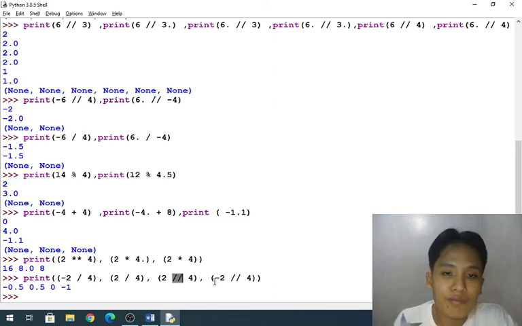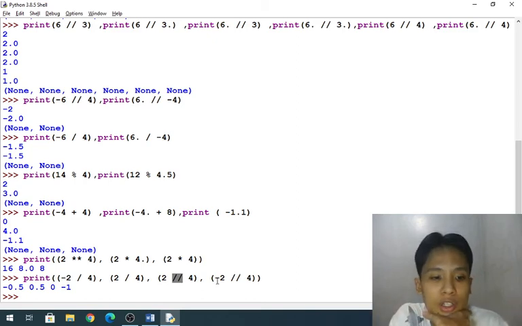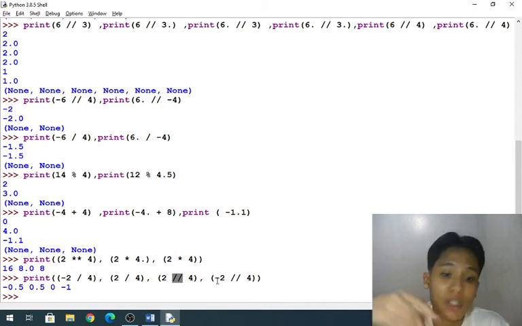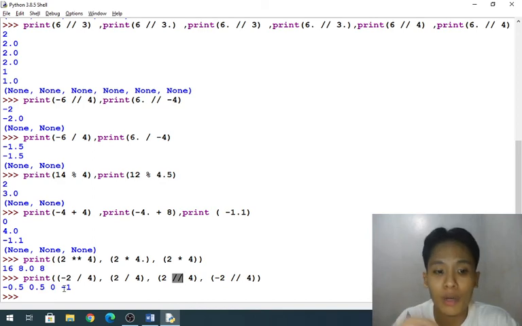Then negative 2 double slash 4 is negative 1, because negative 2 over 4 is negative 0.5. So rounding it down, it's not 0 but negative 1, because negative 1 is lower than 0.